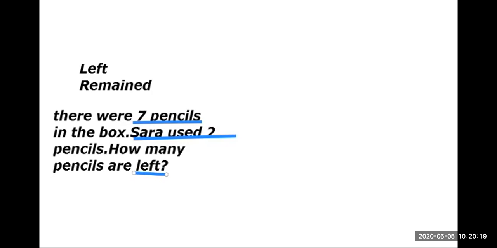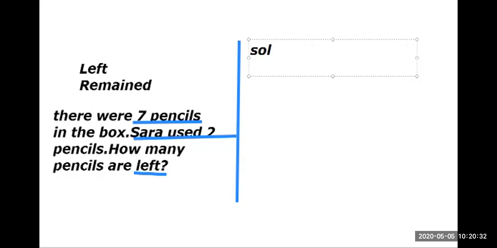When we are going to solve this problem, we will write the solution as we have done in our addition. Okay, now we are doing subtraction stories, but we will continue with the same process. This is our solution time. Total pencils were 7. Used pencils were 2.